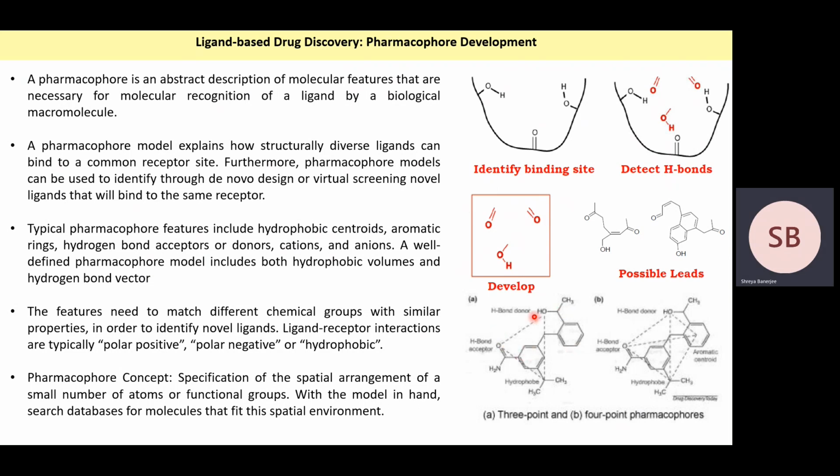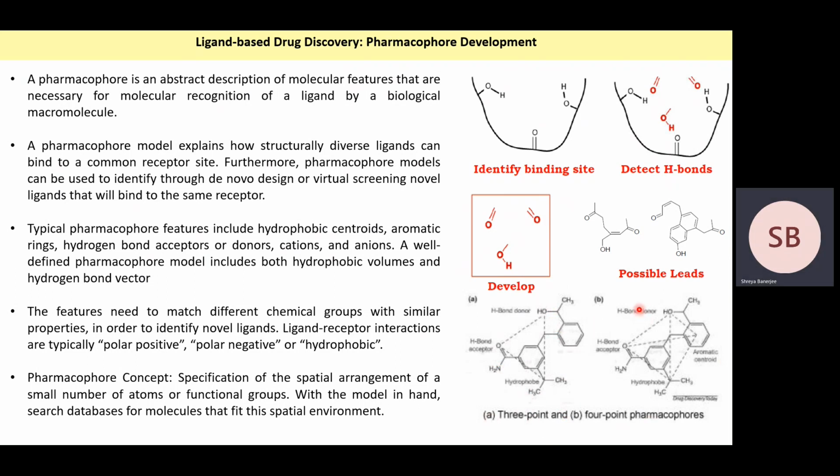Similarly, there can be other kinds of pharmacophores. This is a 3-point pharmacophore because suppose it requires a hydrogen bond donor, a hydrogen bond acceptor, and a hydrophobic moiety. So it contains 3 features, and so it's a 3-point pharmacophore.